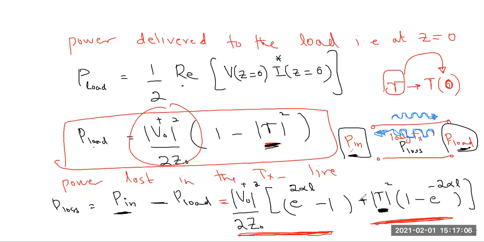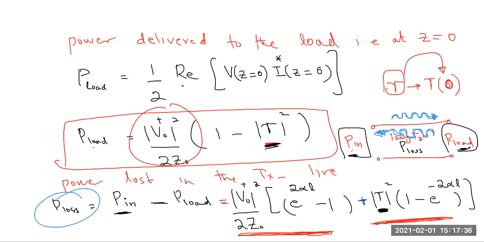So you can always assign a physical meaning to these two terms. Why do we have two terms in the expression of power loss in a lossy line? Because when you connect a mismatched load, power will be traveling in the forward direction as well as in the backward direction.